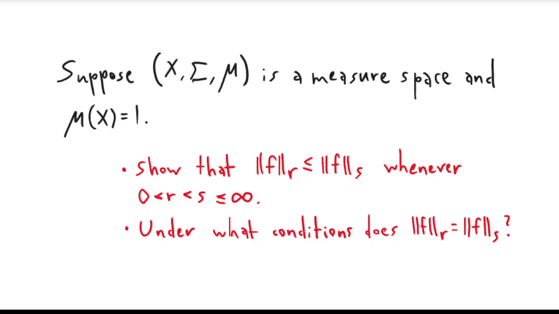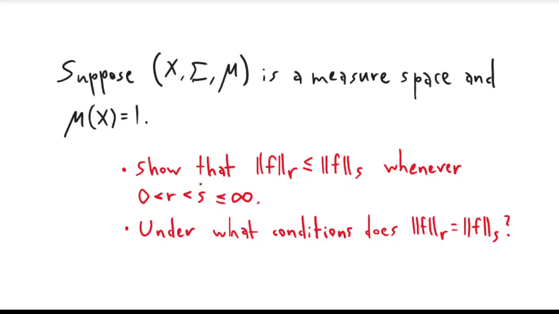Okay, welcome back. In this video, we're going to do a couple problems from measure theory. We're given a measure space such that the measure of the entire space is equal to 1, and we want to do two things.